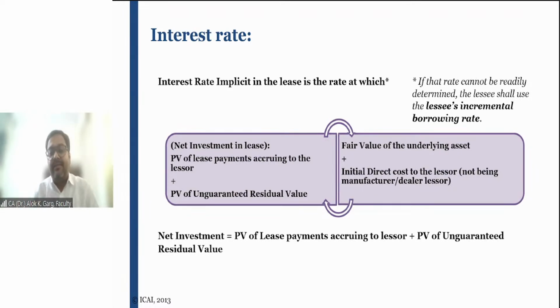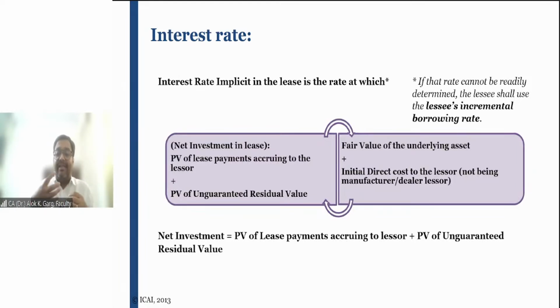Now the point is, how will I be able to know what is the discount rate, what is the interest rate which is there with the lessor? Probably the lessor has also factored in some profit margin as well.